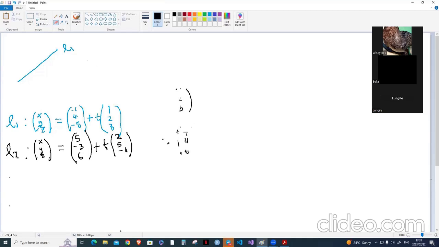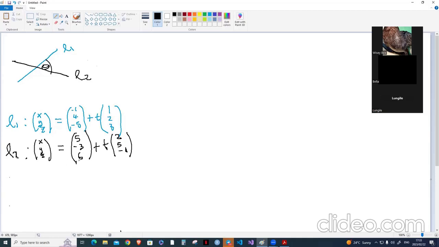So what it means is that these lines are somehow slanting or skew crossing. We don't know if they're skew, but we know there's something like this. Now we must find the angle between these two lines. How can we do that?